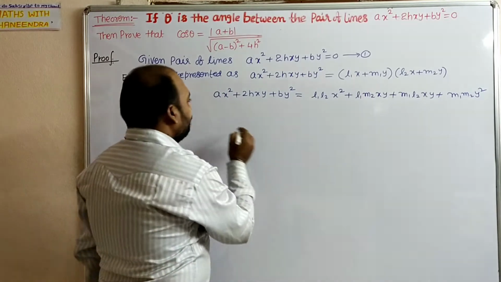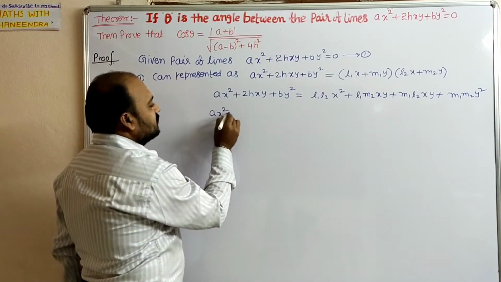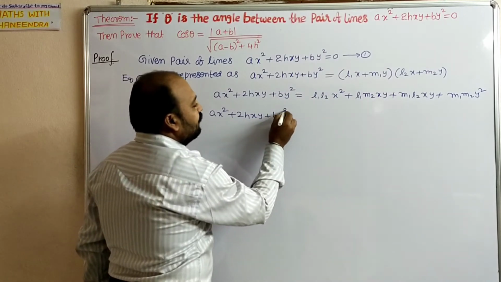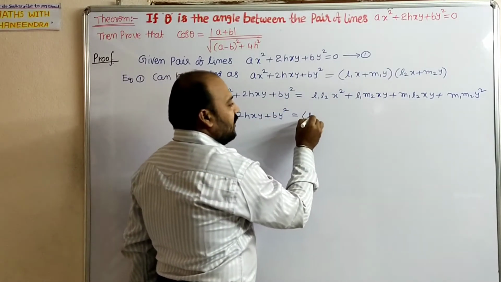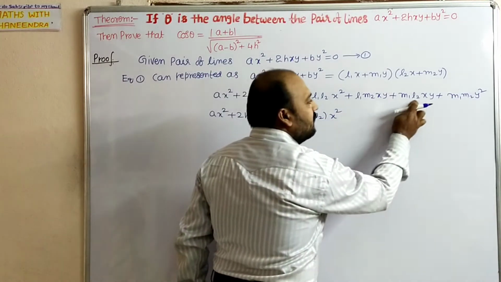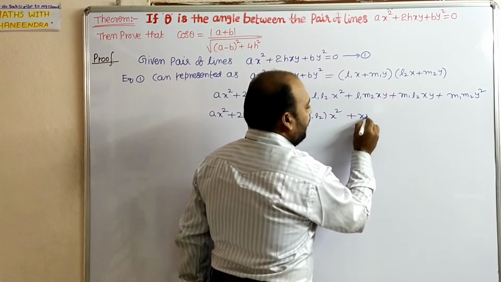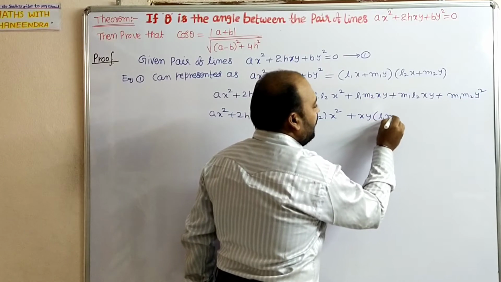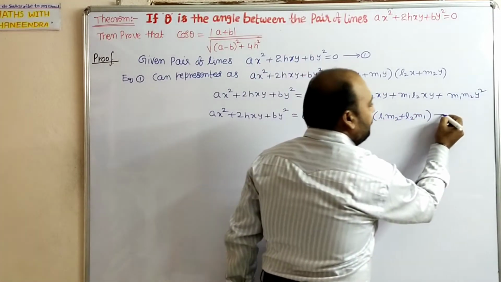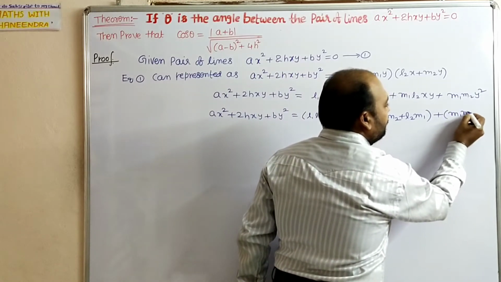After that, ax square plus 2hxy plus by square is equal to L1 L2 into x square, plus, taking xy common, xy into (L1 M2 plus L2 M1), plus M1 M2 y square.